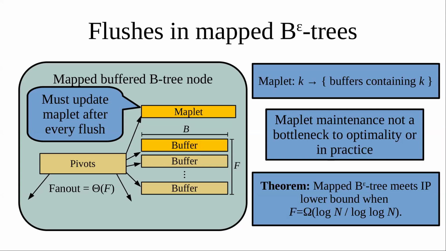There's one interesting observation I want to make here. There was this sharp divide between comparison-based and hashing-based dictionaries, right? There were comparison-based dictionaries that supported logarithmic successor queries. And there were hashing-based dictionaries that went all in on hashing. They did nothing that was comparison-based, and they had linear time successor queries.